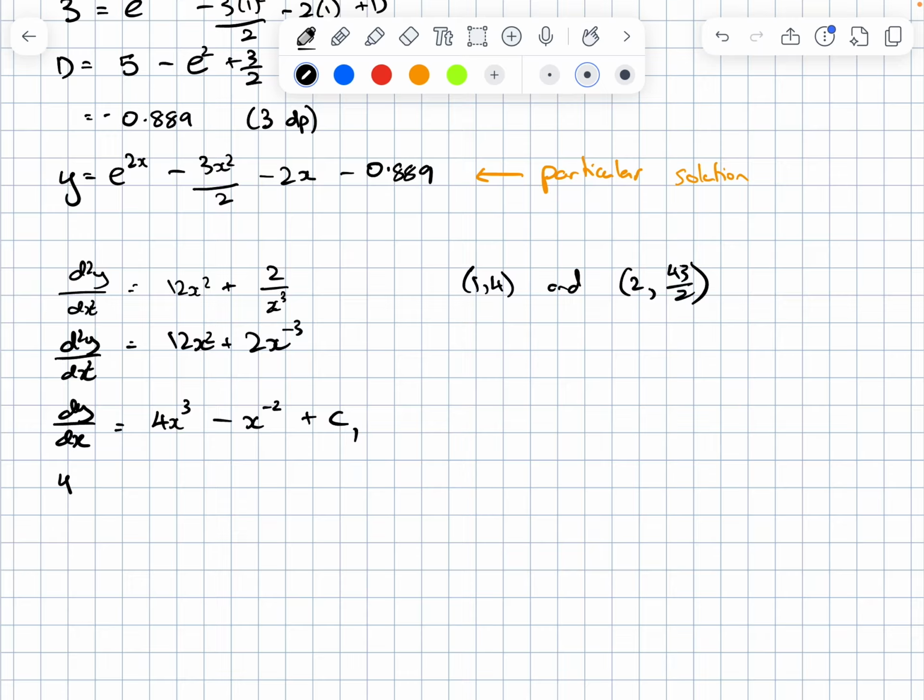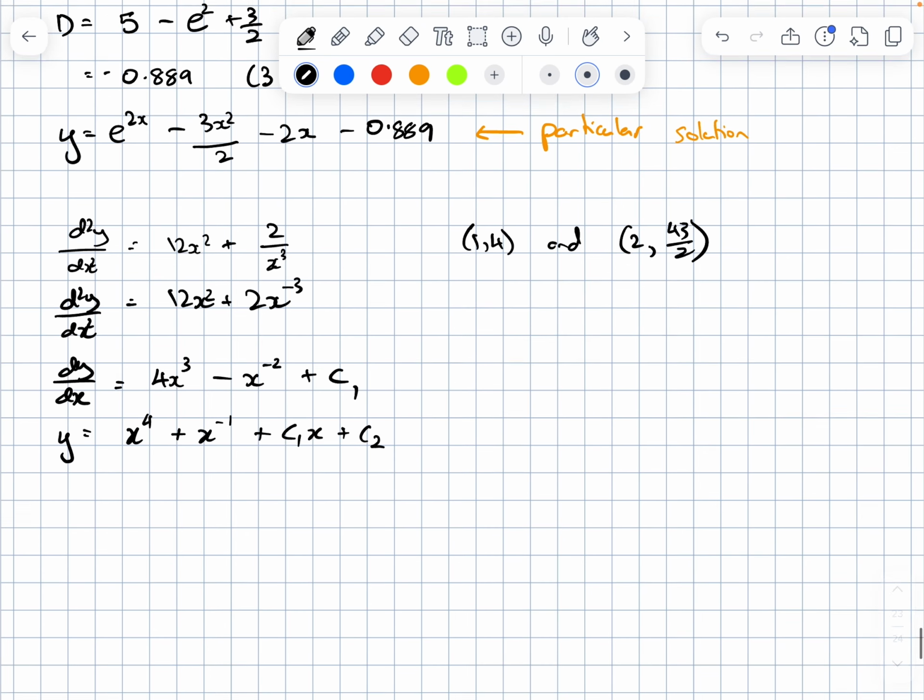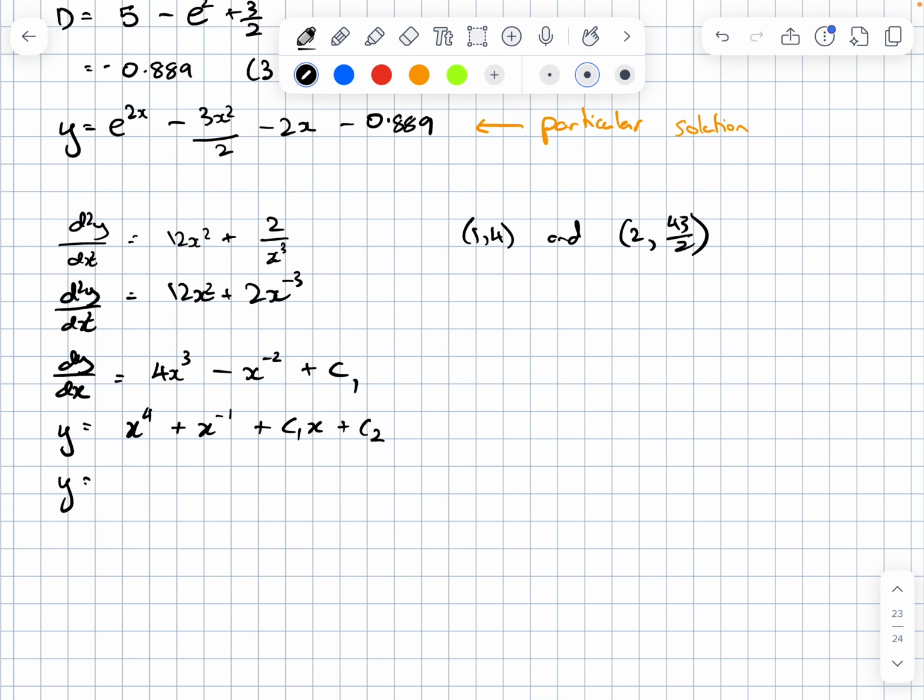So y equals, now we get 4x to the power of 4 over 4, which is just x to the power of 4, and minus x to the power of negative 1 over negative 1, which is just plus x to the power of negative 1, plus c1x plus c2, which simplifies to y equals x to the power of 4 plus 1 over x plus c1x plus c2.